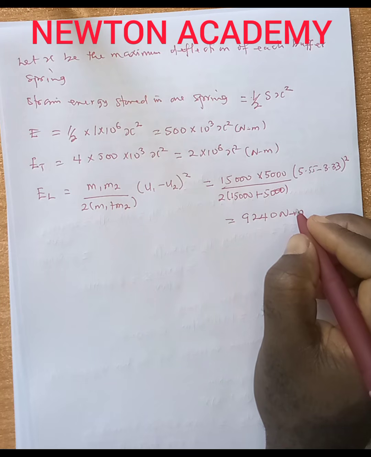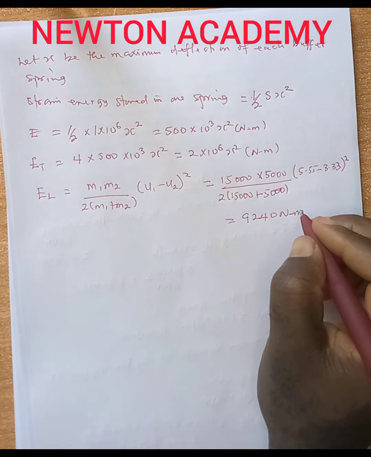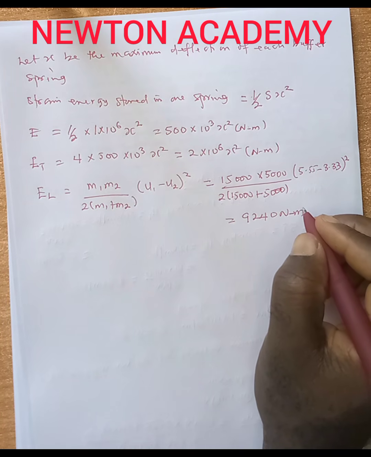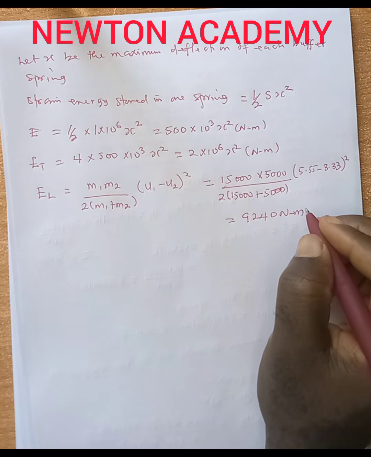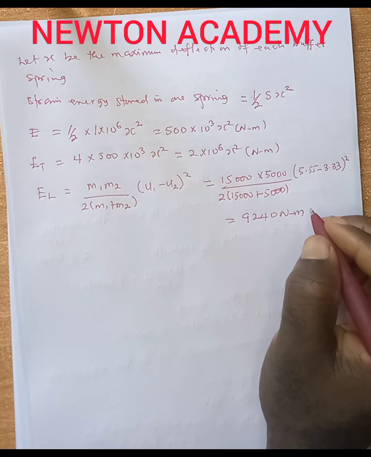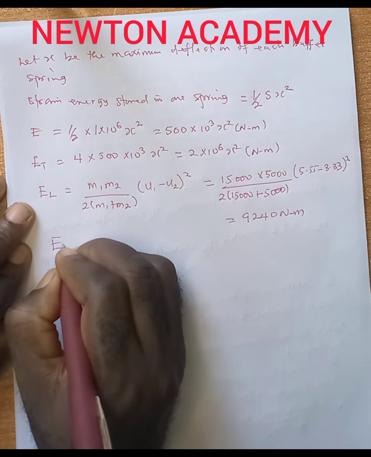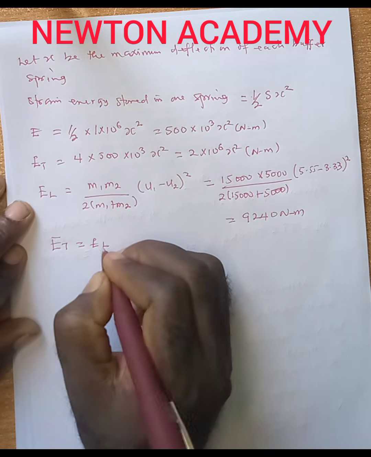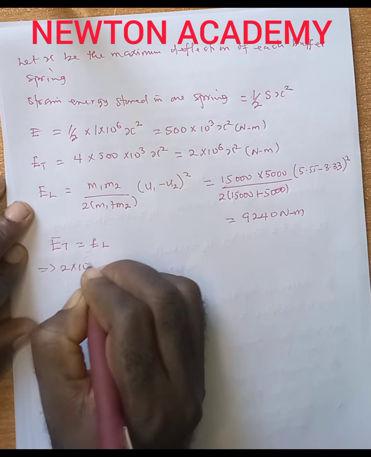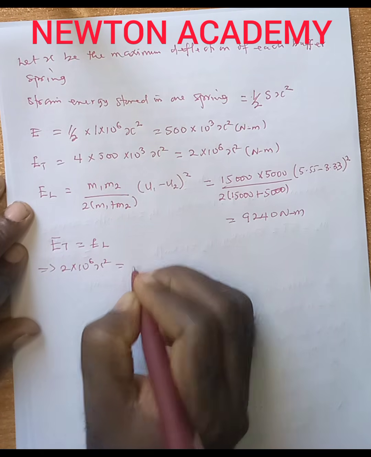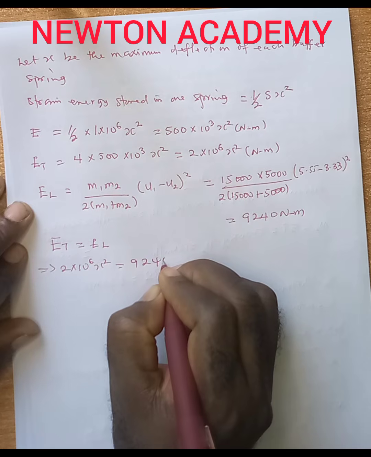And as I always say, energy is never lost. This difference between the kinetic energy before and during impact is absorbed by the buffer springs. When we neglect all losses, it must be equal to the strain energy stored in the 4 springs. For this, we equate ET is equal to EL, and this implies that 2 times 10 raised to the power 6 x squared must be equal to 9240.